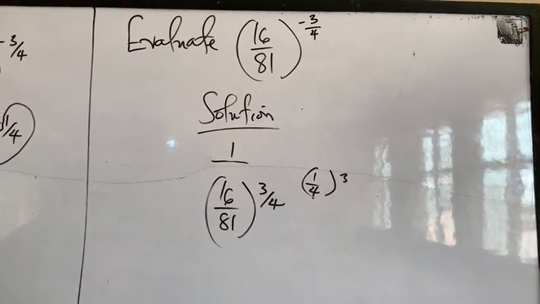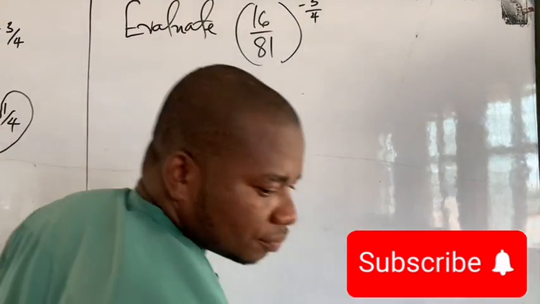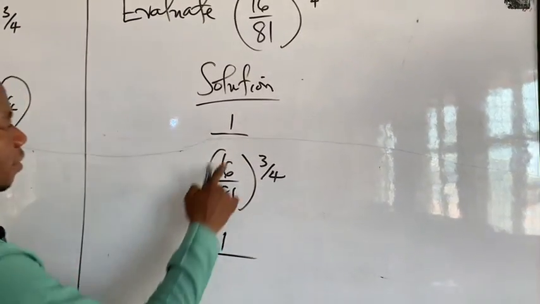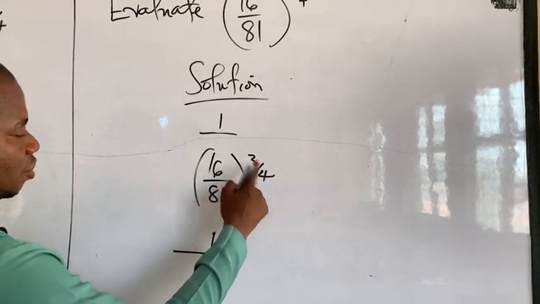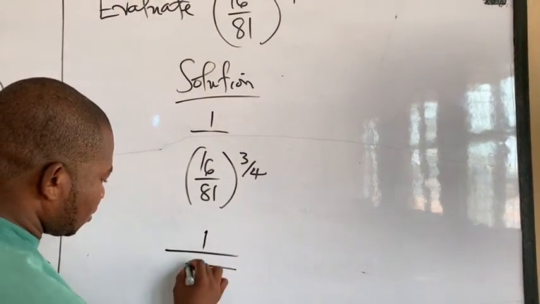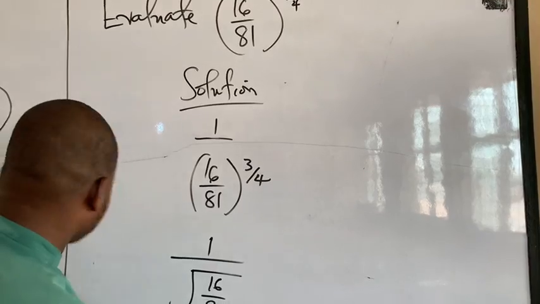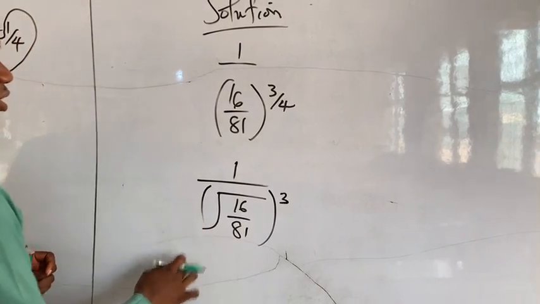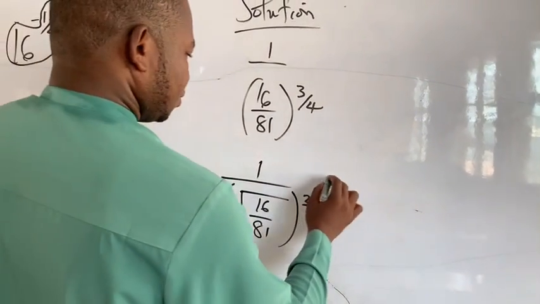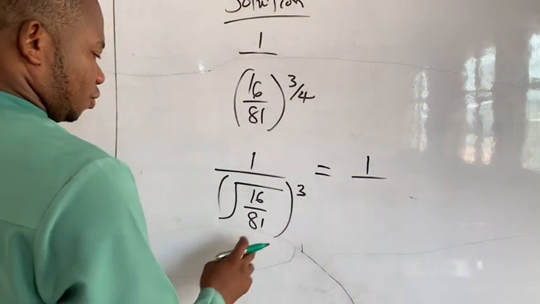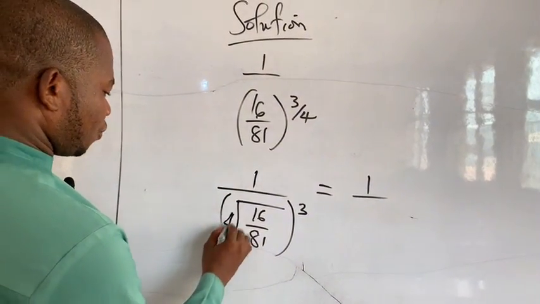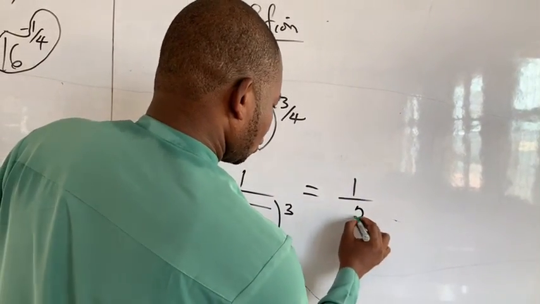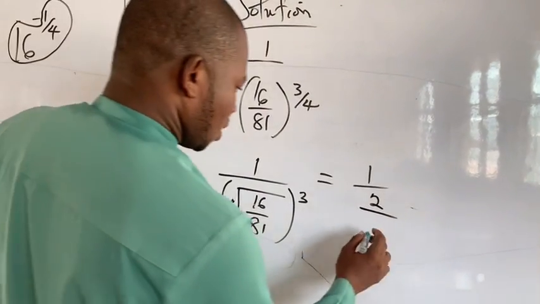Very simple. Okay. Now, going further, we have 1 over the fourth root of the whole of this, that is 16/81, then raised to power 3. Okay, so at the end of the day, the fourth root of 16 will give us 2, over the fourth root of 81, which will give us 3.